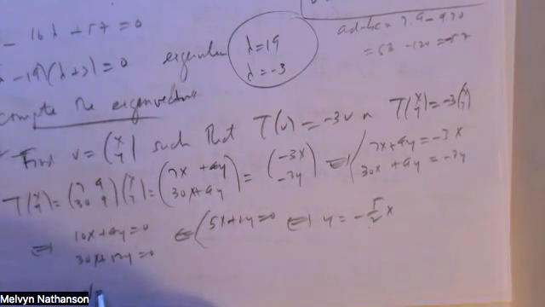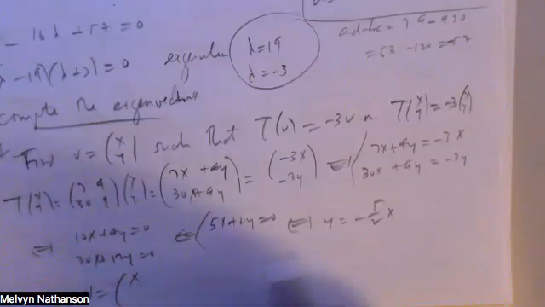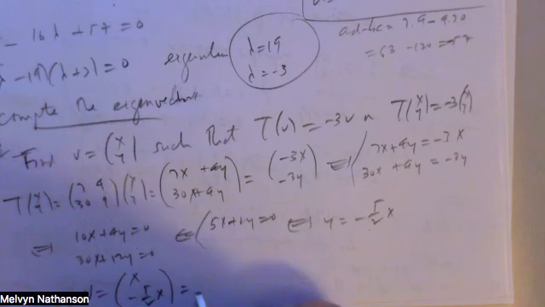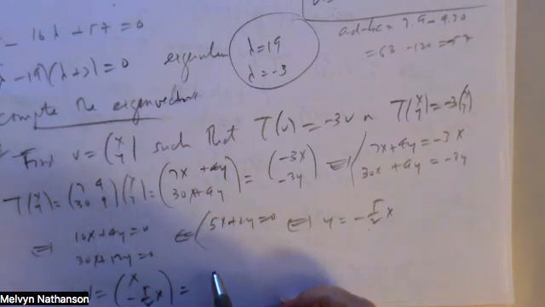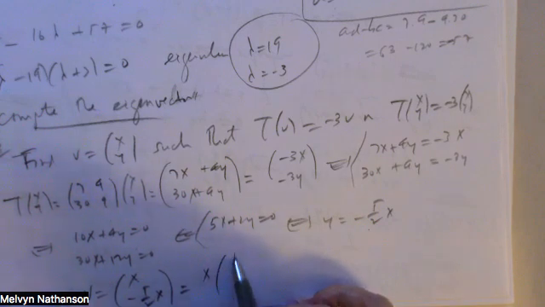So I can take the vector v to be x, and y is minus 5 over 2 x, which is, if I factor out an x, 1, minus 5 halves.